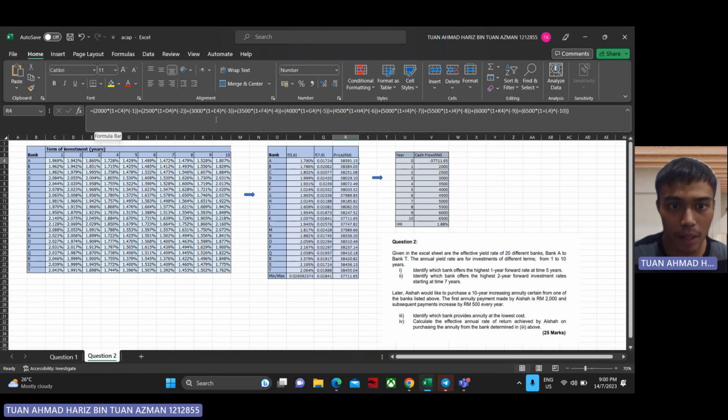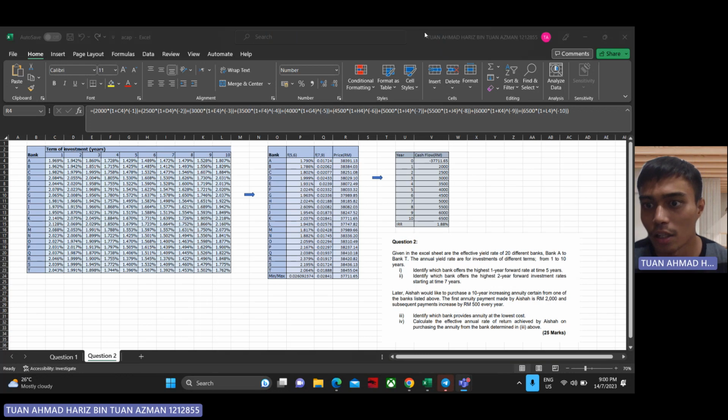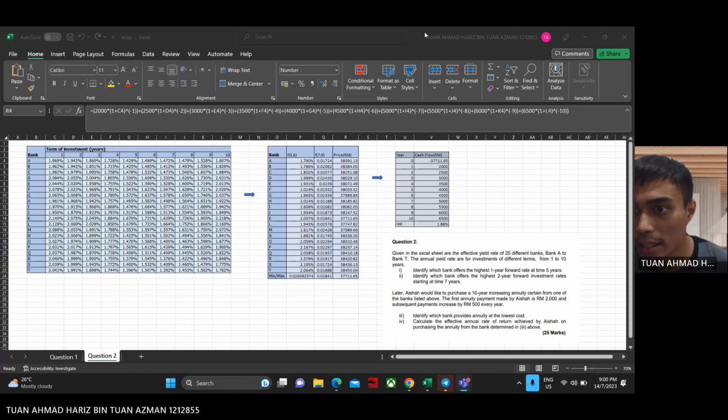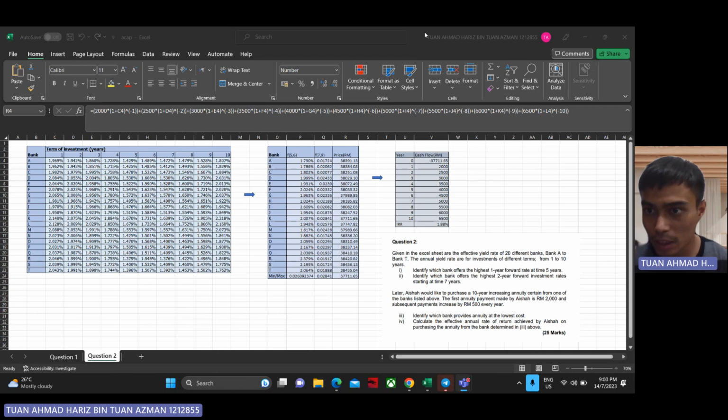And then multiply with 1 plus spot rate 3 to the power of negative 3, and so on until the 10th year, which is 6,500 multiplied with 1 plus spot rate 10, which is 1.807% for bank A, close bracket, and multiply with the power of negative 10.